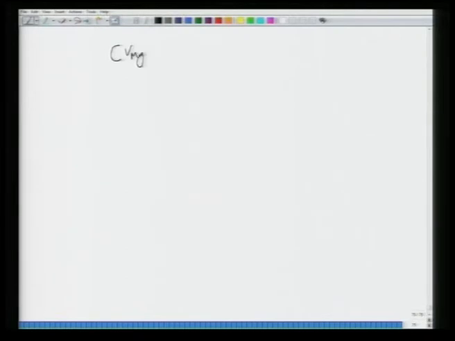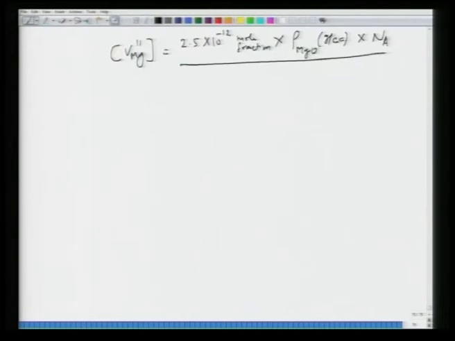So, Vmg conversion into per centimeter cube. Basically, 2.5 into 10 to the power minus 12 mole fraction has to be multiplied by the density of MgO in grams per cc, multiplied by Na, which is the Avogadro number, per mole, and divided by the molecular weight of MgO, which is gram per mole.